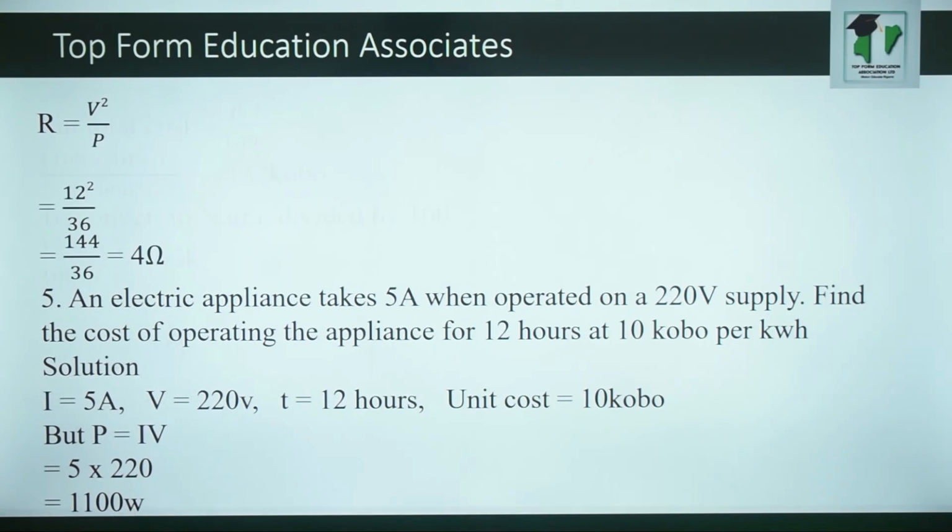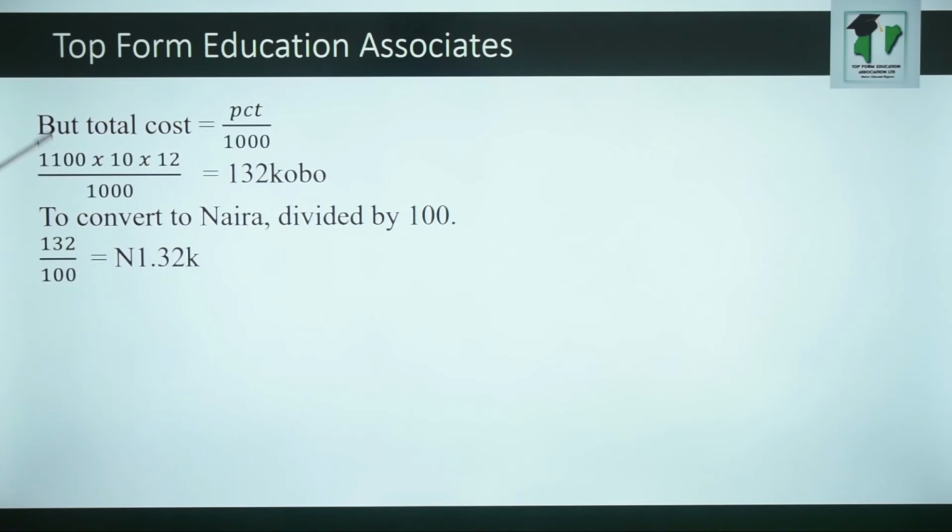That is your P. But total cost is equal to PCT over 1000. So this P we have calculated now is 1100 watts. Now the unit cost is 10 kobo and the time is 12 hours divided by what? 1000 according to the formula.